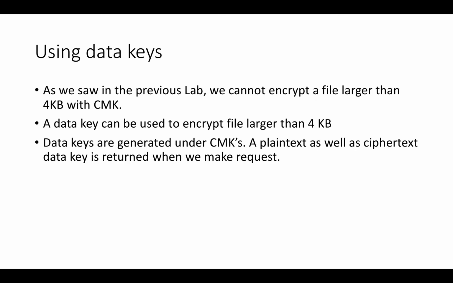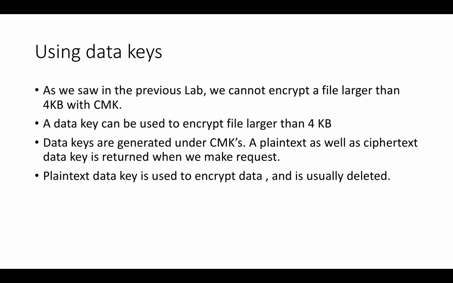When we make a request for a data key or to generate a data key, a plaintext as well as encrypted ciphertext data key is returned to us. The plaintext data key is used to encrypt our data and is usually deleted right after.